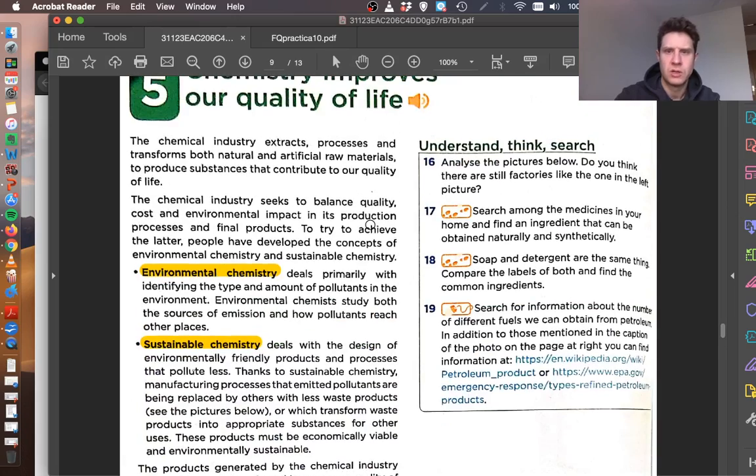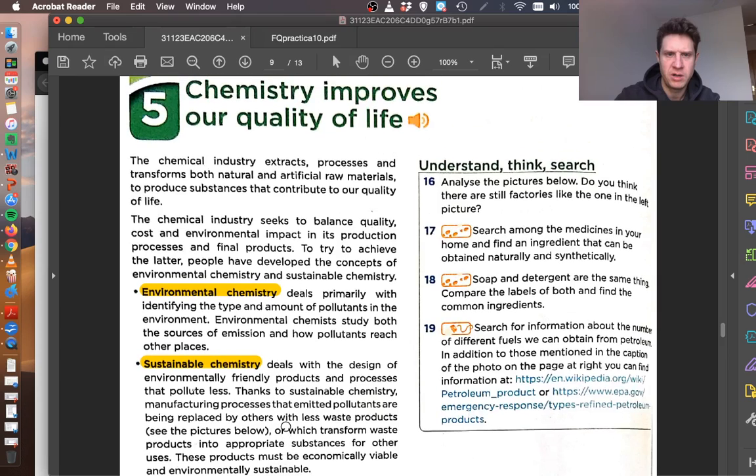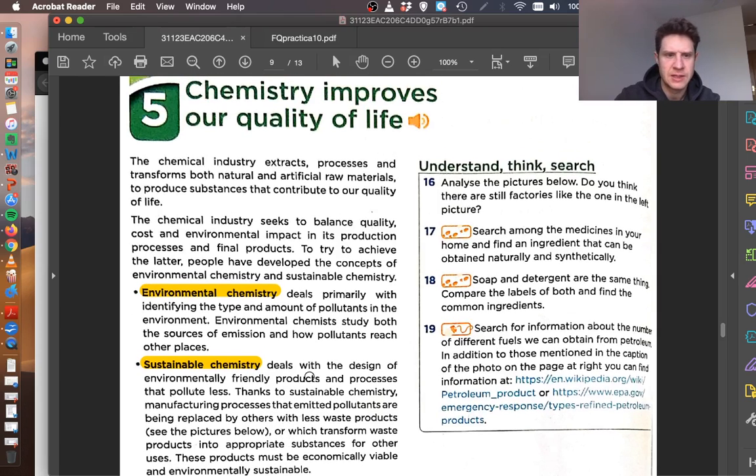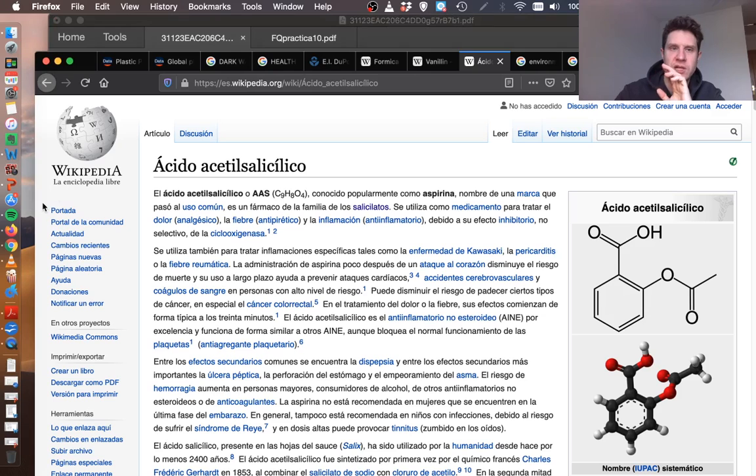So the things we need to remember are that we have a chemistry that studies how to help the environment, solve pollution and get rid of pollutants, and we have a chemistry that is, between quotations, we might say, trying to be as less harmful as possible, ¿vale? Intentan ser los menos contaminantes posibles, ¿vale? Pero no lo consiguen, ¿vale?